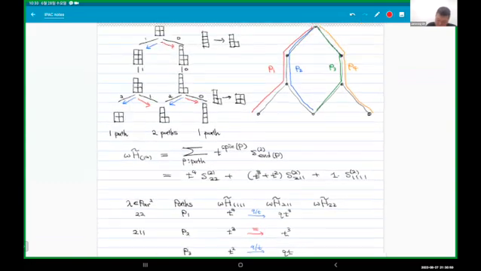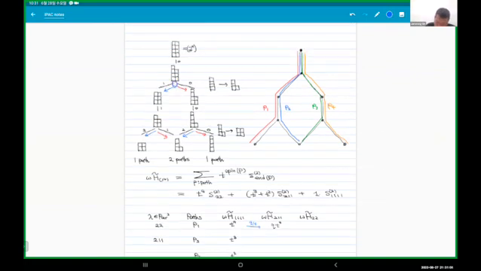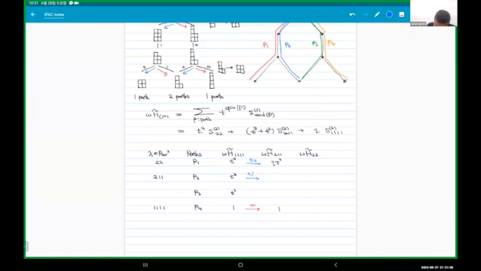So P1, oh, sorry. This is wrong. Here P1 and P2 took a left step, right? So it should be like this. P1 and P2 are changed, and this one is equal.